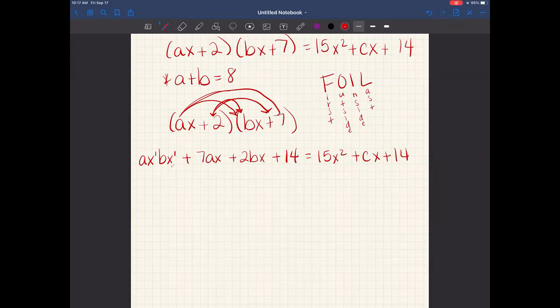Who remembers? So when we multiply variables that are the same, that have everything to the power 1, you add the exponents. So a, b are constants, and I'm going to have abx squared plus 7ax plus 2bx plus 14.